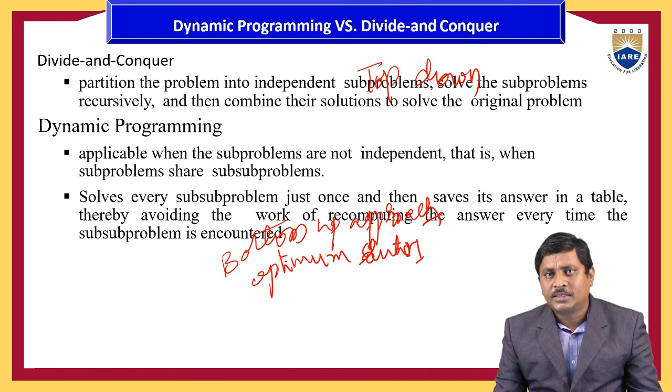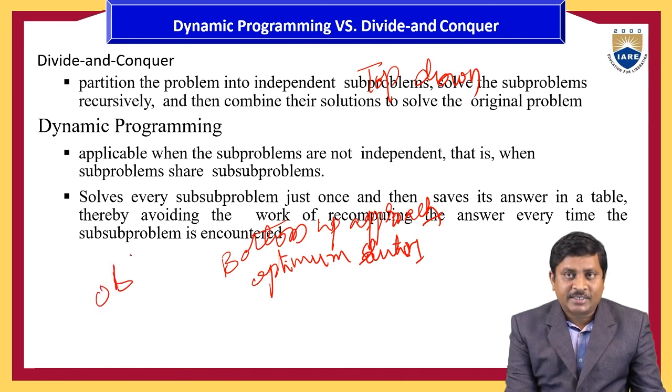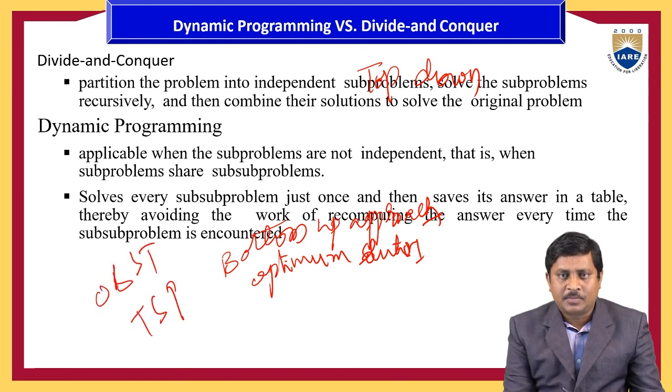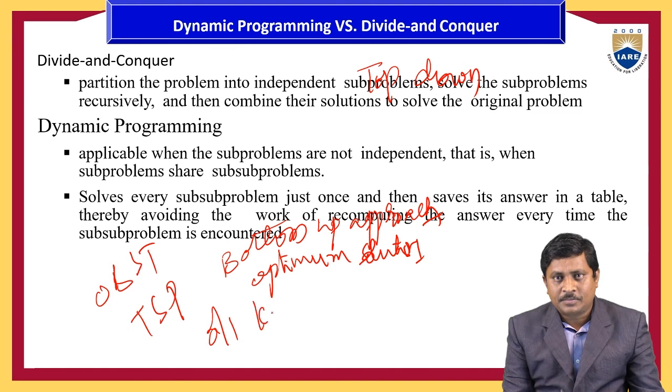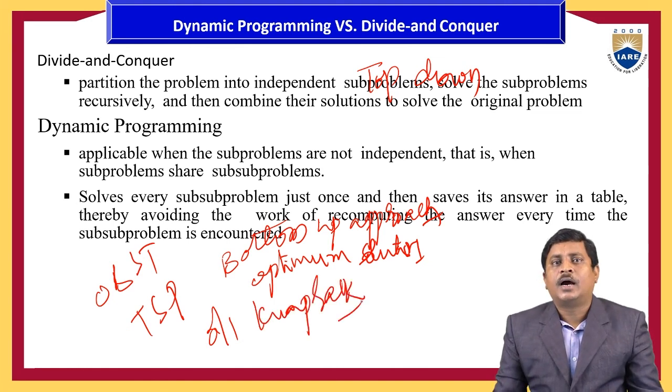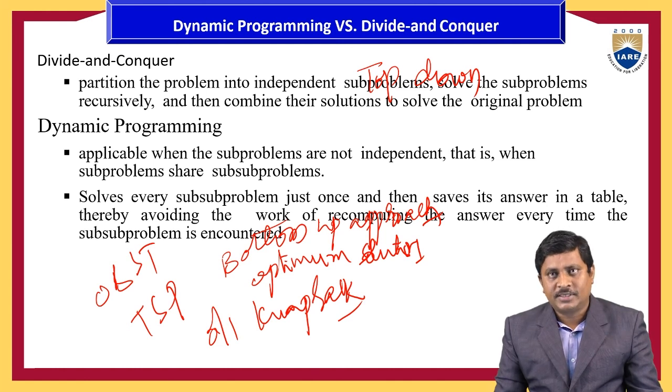Dynamic programming gives the optimal solution, a better optimal value compared with divide and conquer. We mainly solve problems like matrix chain multiplication, optimal binary search trees, traveling salesperson problem, 0-1 knapsack problem. These are the differences between dynamic programming and divide and conquer.